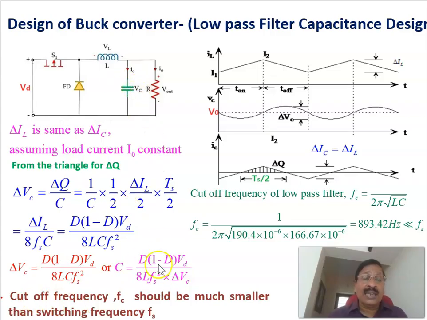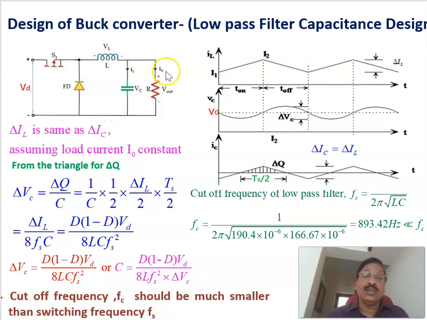After calculating the filter capacitance and filter inductance, there is a cross-checking. Normally, this is an LC filter. What is the corner frequency of the LC filter? It is equal to 1 by 2 pi root of LC. The condition to be satisfied is that the cutoff frequency should be much smaller than the switching frequency.